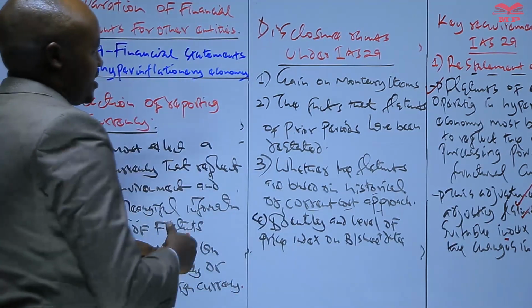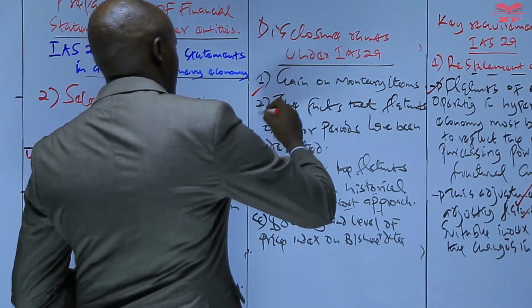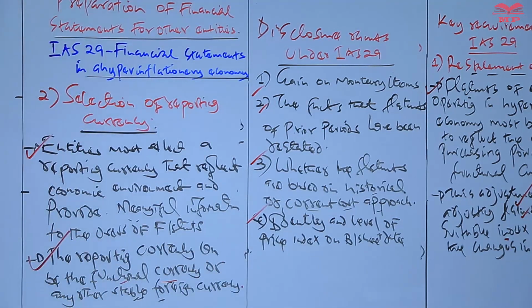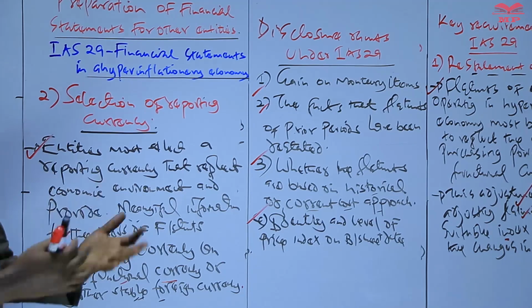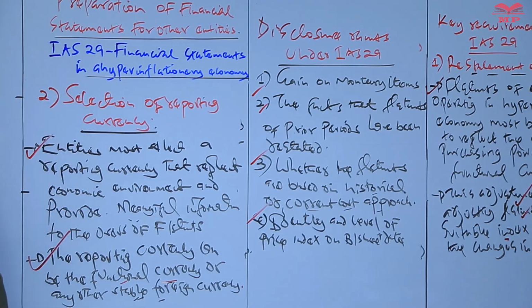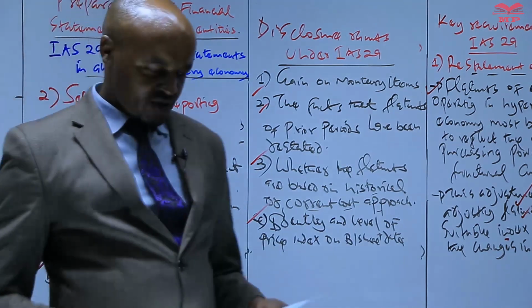So basically these are some of the information which need to be disclosed by entities operating in what is referred to as a hyperinflationary economy. So I think basically that is what you need to know as far as IAS 29 is concerned.